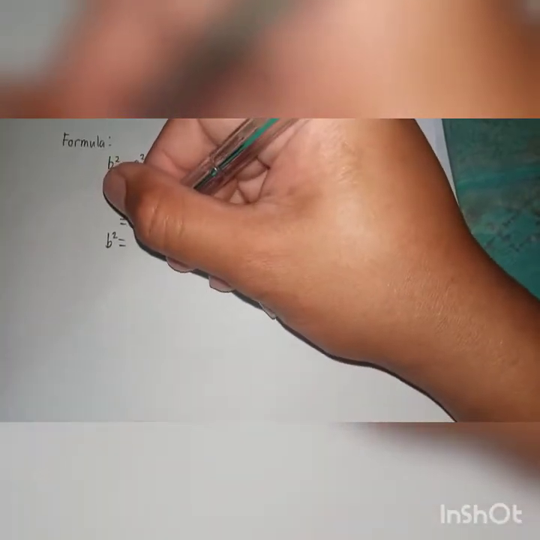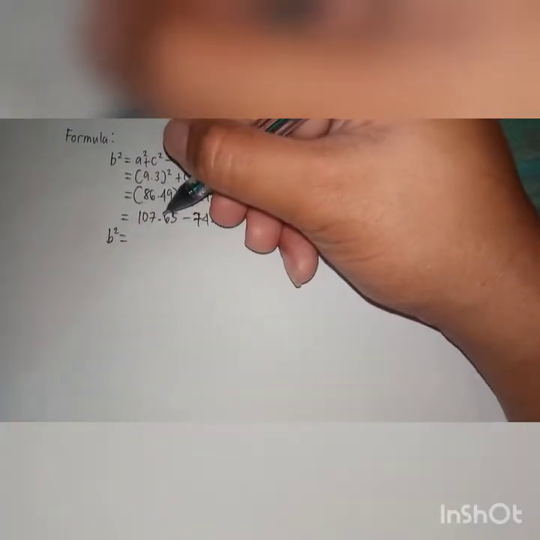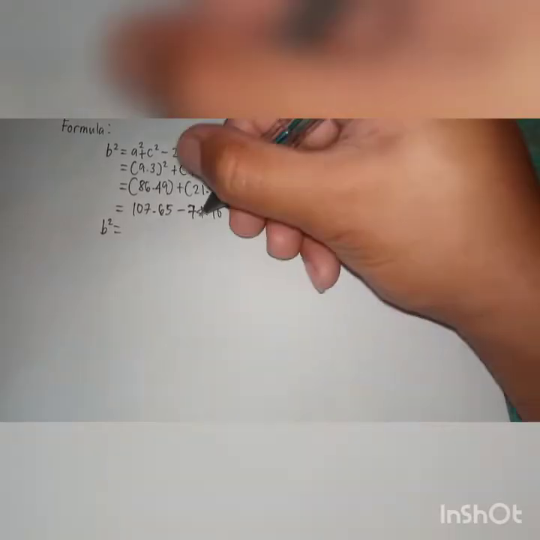So b squared is equal to 107.65 minus 74.10, which is 33.55. So take the square root of 33.55 and the square root of b squared.